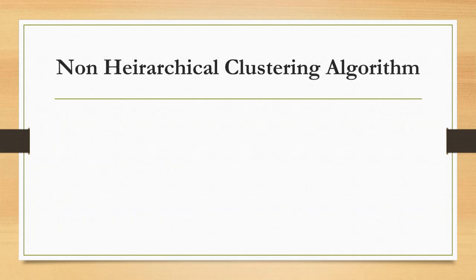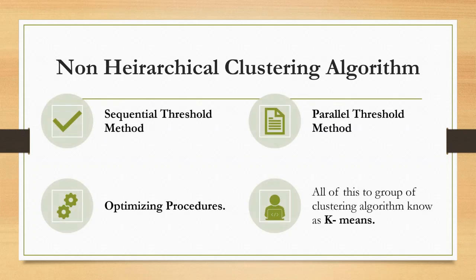Then there's the non-hierarchical clustering algorithm, which in short is basically the sequential threshold method, parallel threshold method, and supervised procedures, and all of this is concluded into a clustering algorithm known as k-means.